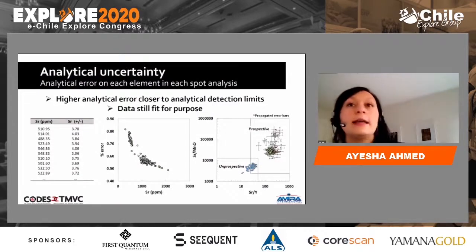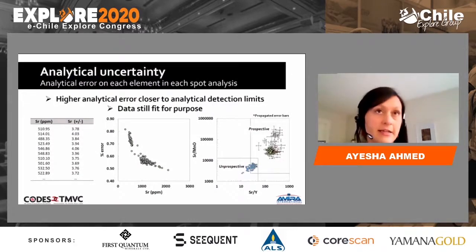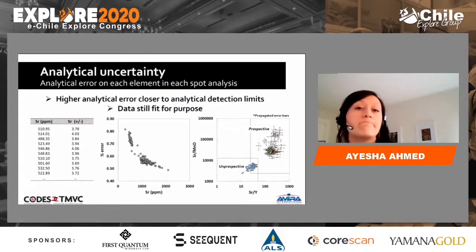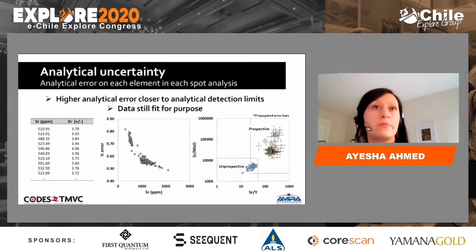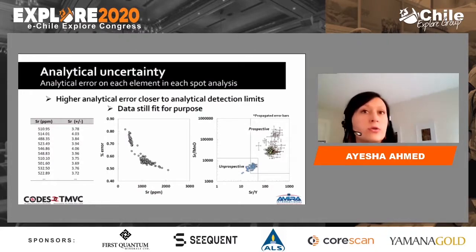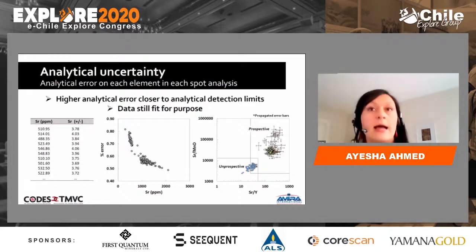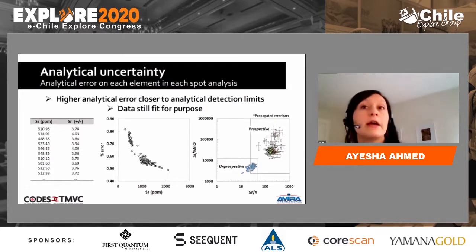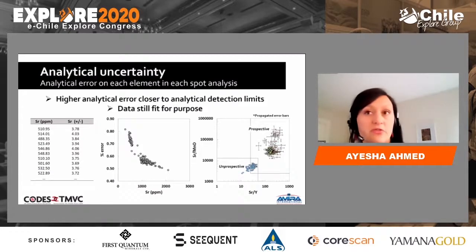As with any quantitative analytical technique, there is an associated analytical error. The graph in the middle here highlights this relationship between element concentration and associated analytical error. At low strontium concentrations, approaching the detection limit, analytical error is high compared to the error at higher strontium concentrations.